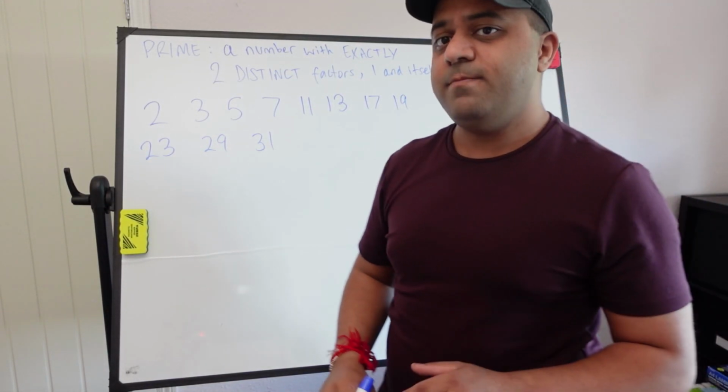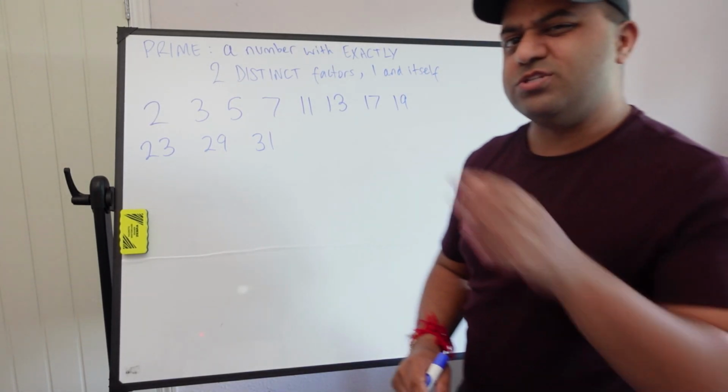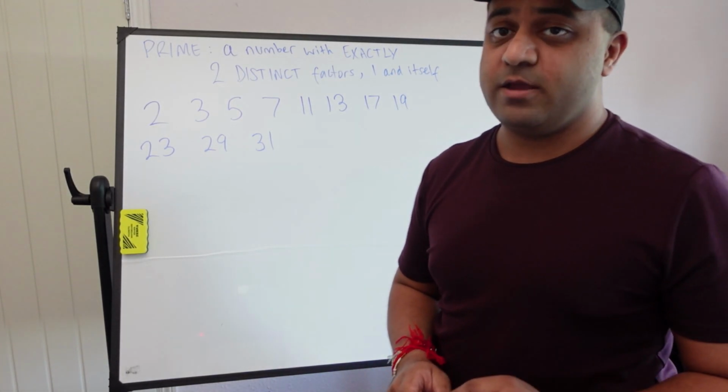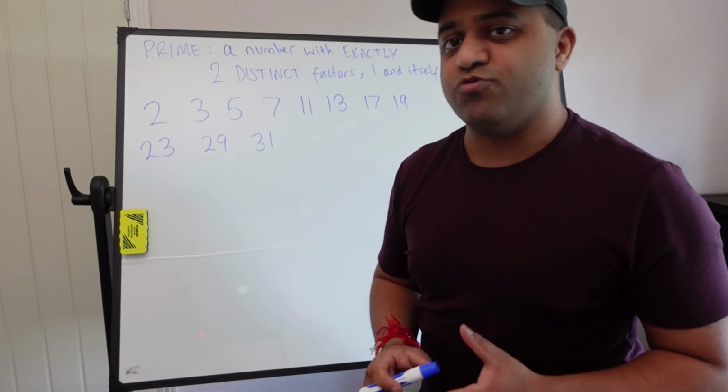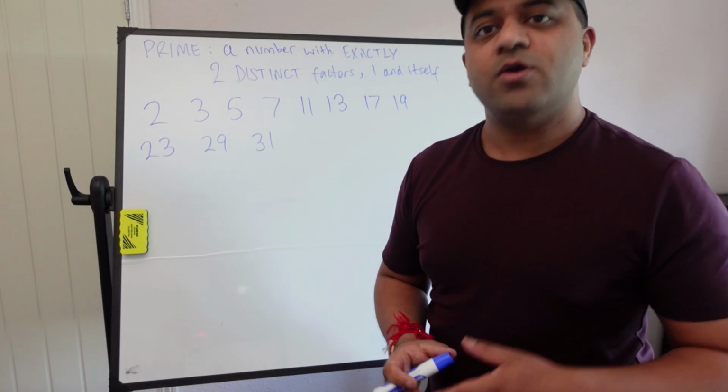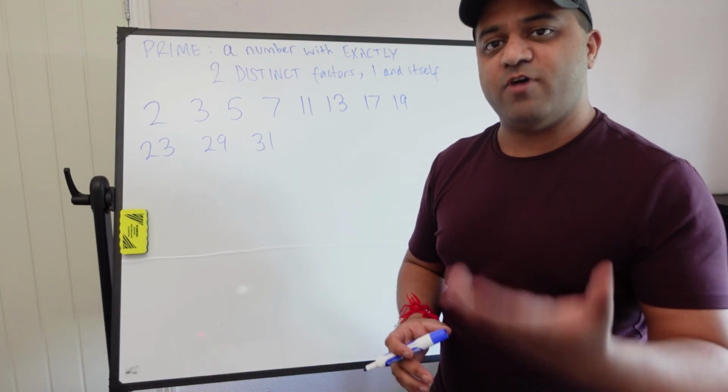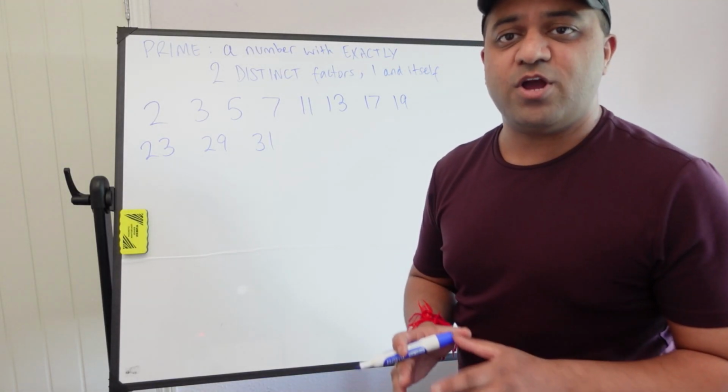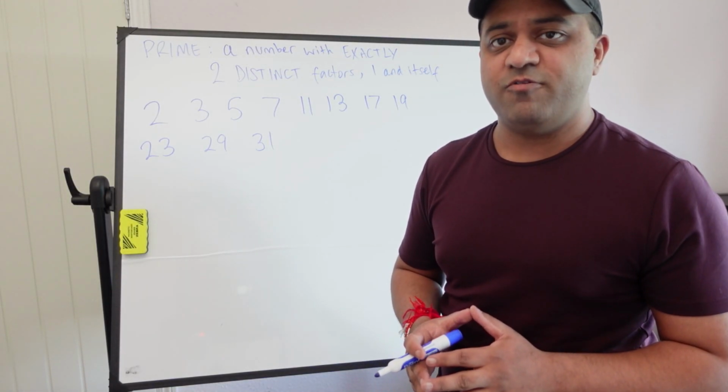I'll pause there. Pretty much these are the numbers that we're going to be needing for our Key Stage 3 exam questions. We can challenge ourselves and go on a bit further. However, for the purposes of this video, I'll let you do that for yourself.